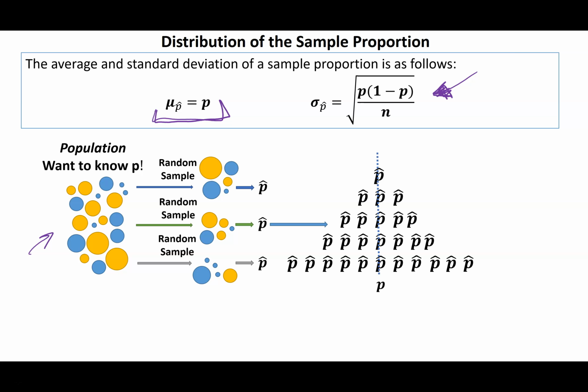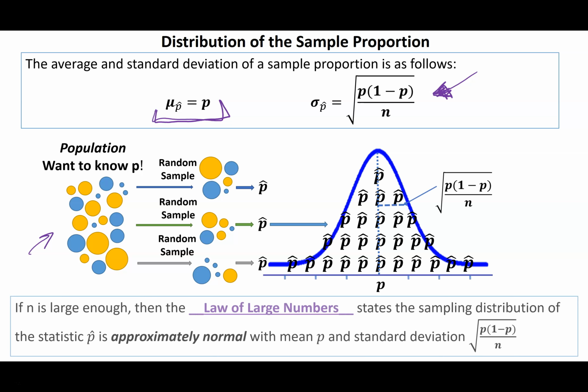And what is even cooler is if we know that we have a big enough sample size, the law of large numbers kicks in, and that tells us not only do we know where it's centered and we know its standard deviation, we know its shape. If we have a big enough sample size, the sampling distribution of p hat is going to be approximately normal, which we love, right?